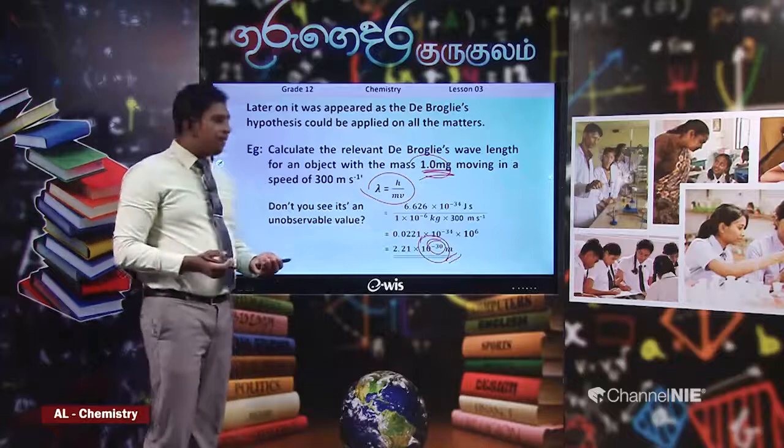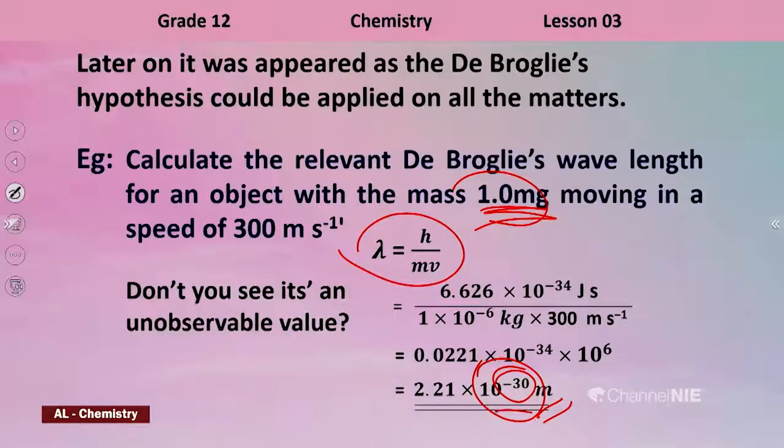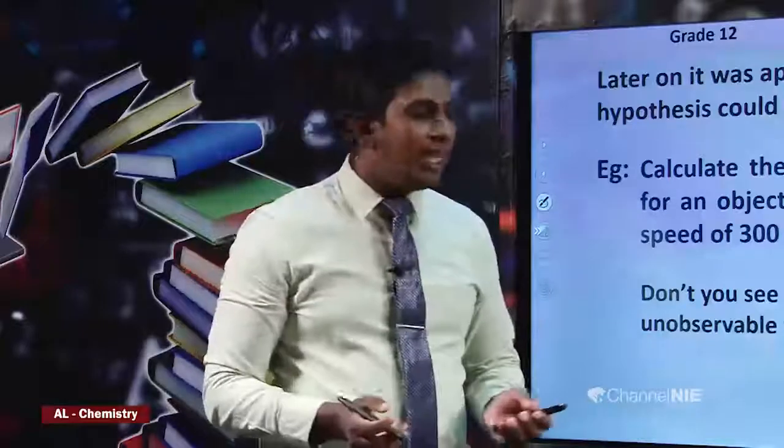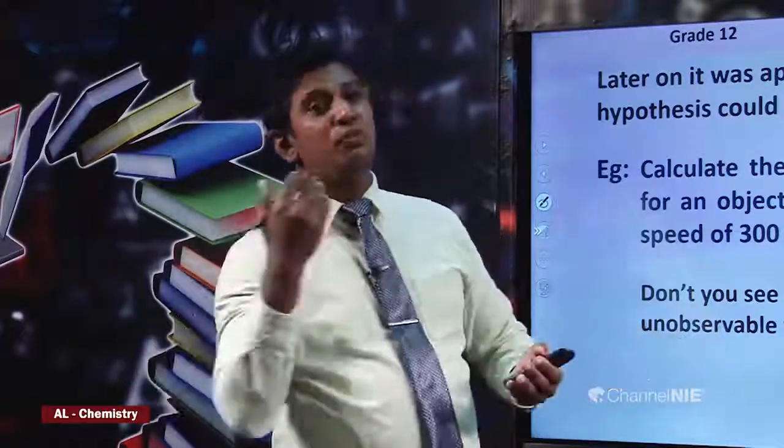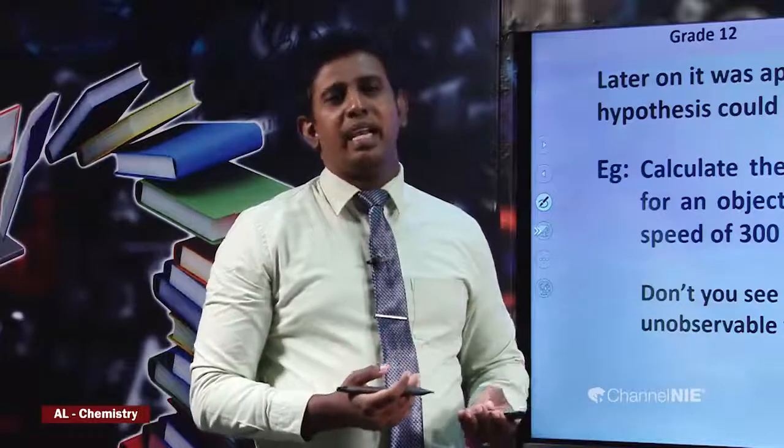Its wavelength was very, very small. It is not a realistic wavelength. Therefore students, we can't state that all those big matters when they are moving fast exhibit wave character.